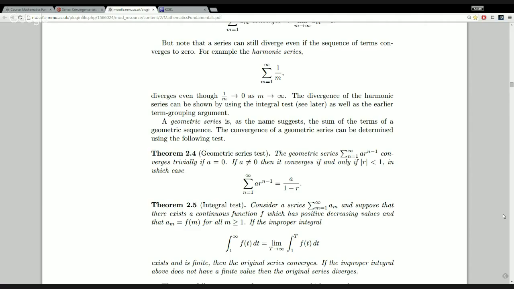Okay, so what are we going to fix first? Well, let's fix the index first. So what happens if I just decide I'm going to start the indexing at 1 instead? How can we handle that? Yeah. So we could leave the formula here the same, but just separate off the n equals 0 term.